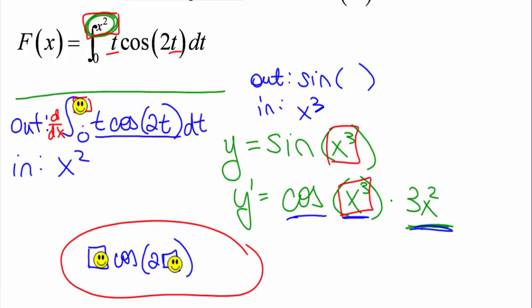Does that make sense? But instead of smiley face, I have x squared in there. So I'm going to get x squared cosine of 2x squared, and then I have to follow with the derivative of x squared, just like I did over here.